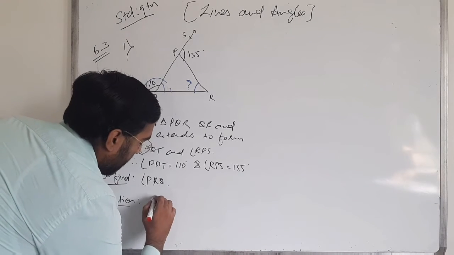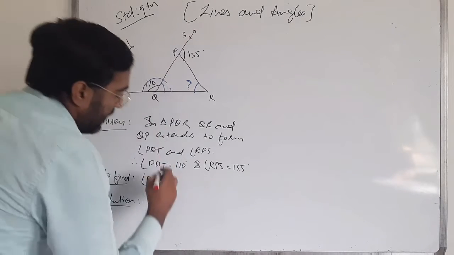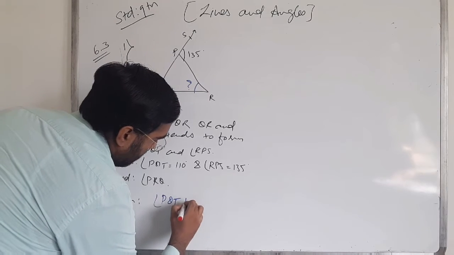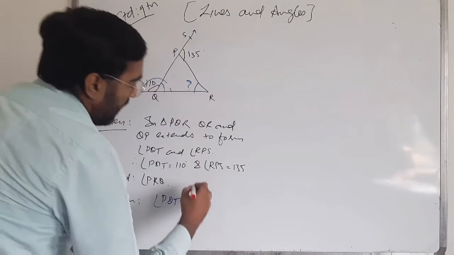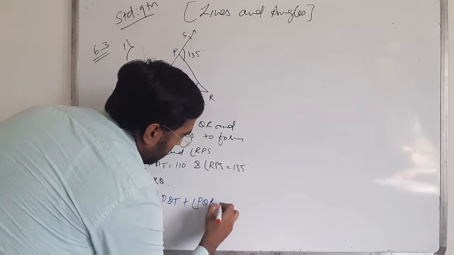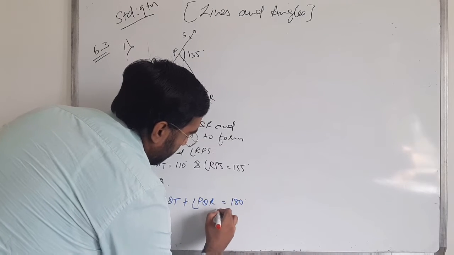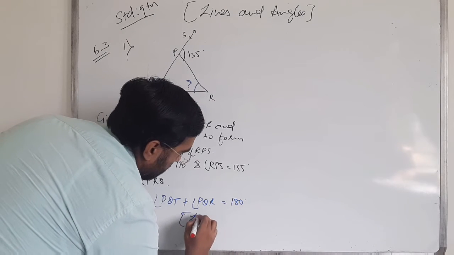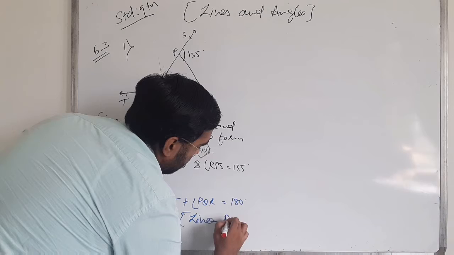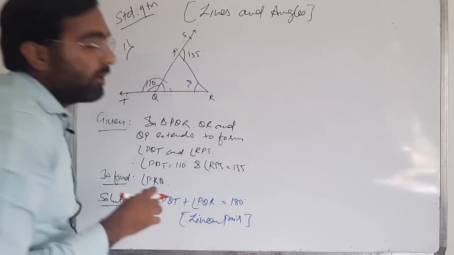So let's start. Angle PQT plus angle PQR is equal to 180 degrees because of the linear pair of angles.